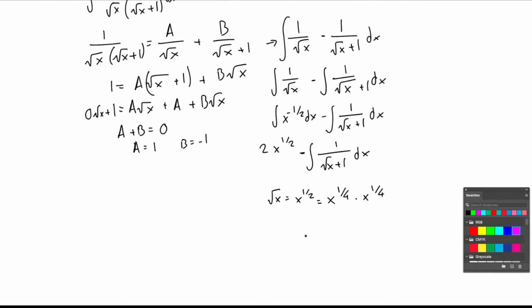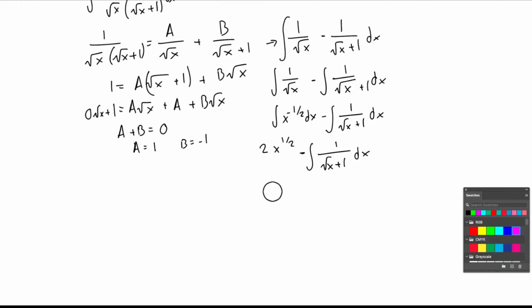Because those add. Let's test it out. If we put 16 to the 1/2, that should equal 4. Now 16 to the 1/4 times 16 to the 1/4. Well, that's 2 times 2, which is equal. Okay, we're just gonna assume this works.